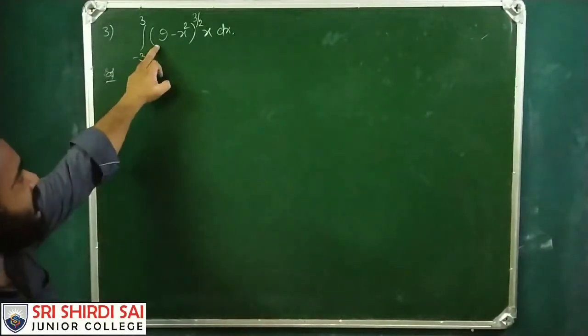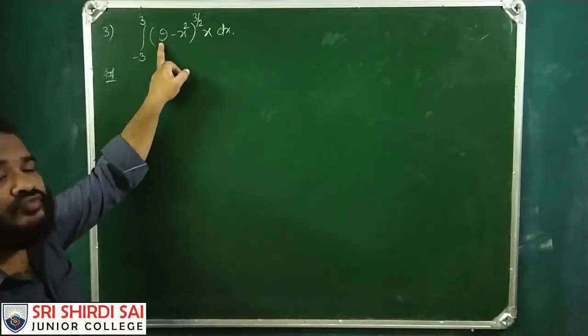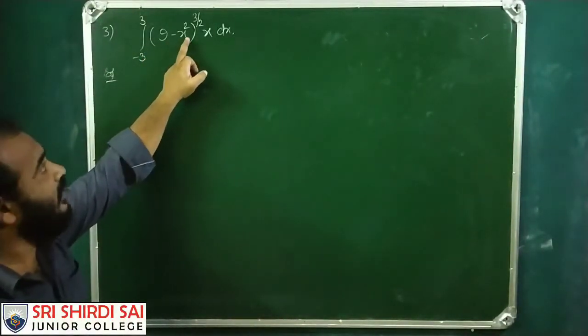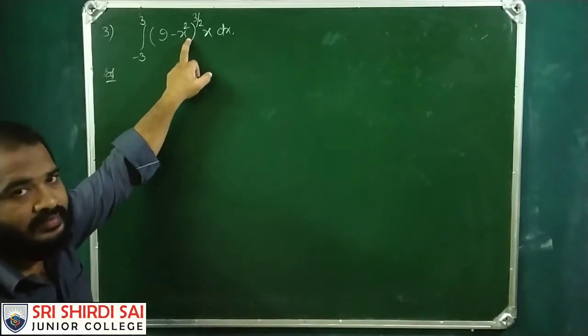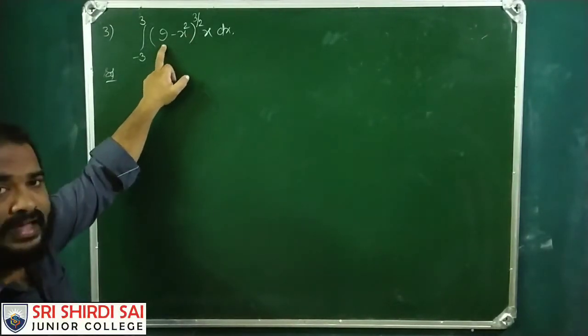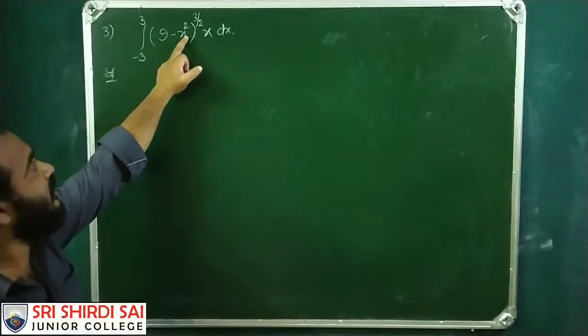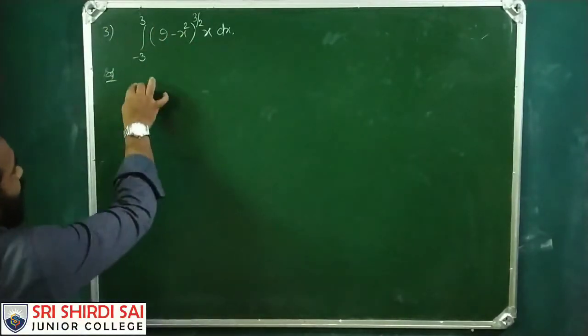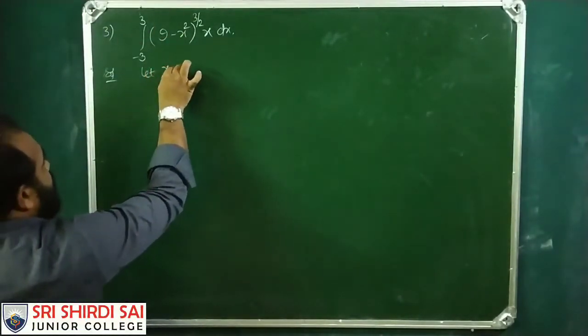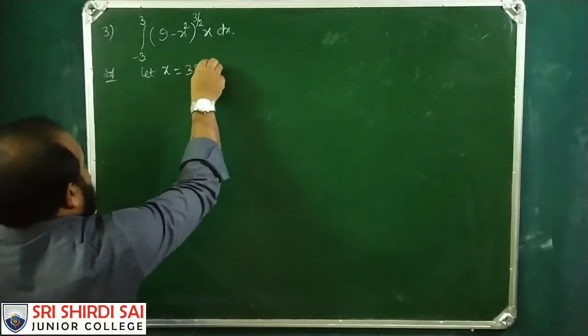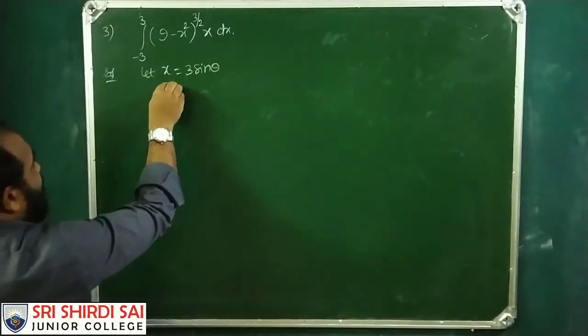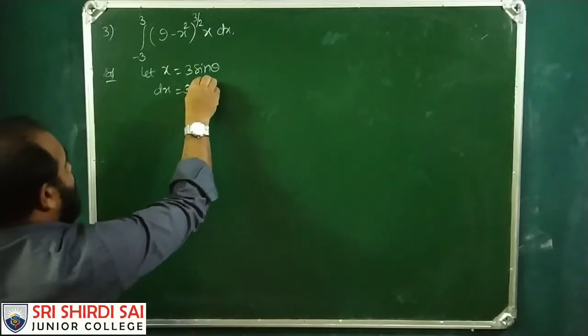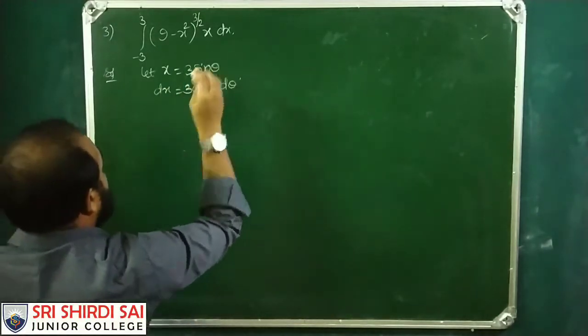Last time 16 minus x square, 16 can be written as 4 square, so x is 4 sin theta we have taken. This time 9 means 3 square, so x is 3 sin theta we have to take. Let x is equals to 3 sin theta. So dx is equals to 3 cos theta d theta.